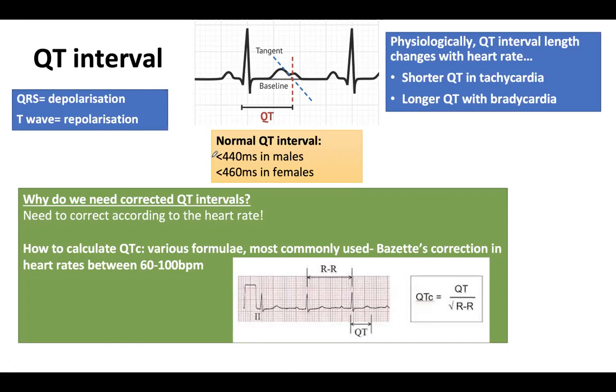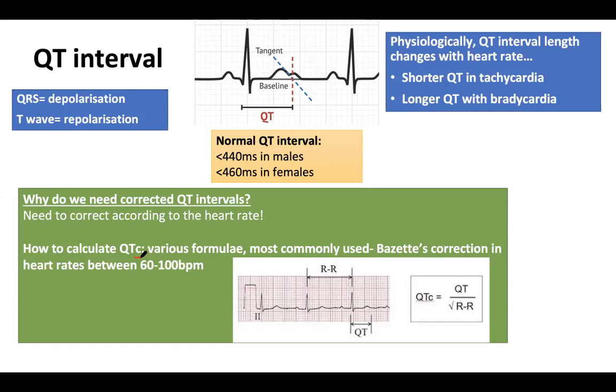indicating QT prolongation. So normal QT interval in males should be less than 440 milliseconds, and in females, less than 460 milliseconds. In terms of calculating the corrected QT interval, which is QTc, there are various formulas like Fridericia, but the most commonly used one is called Bazett's correction.